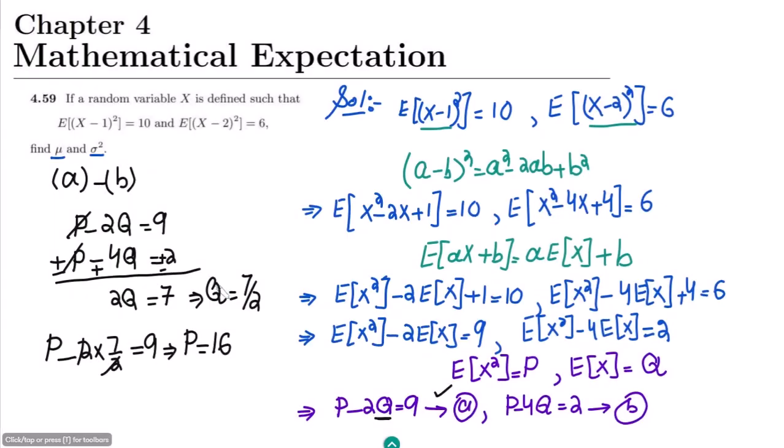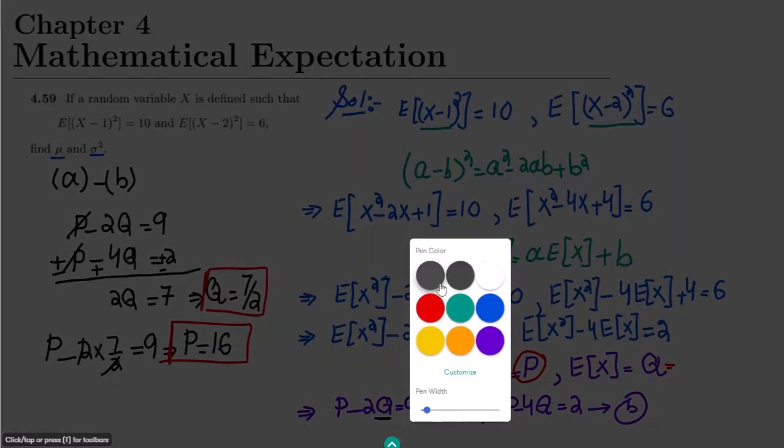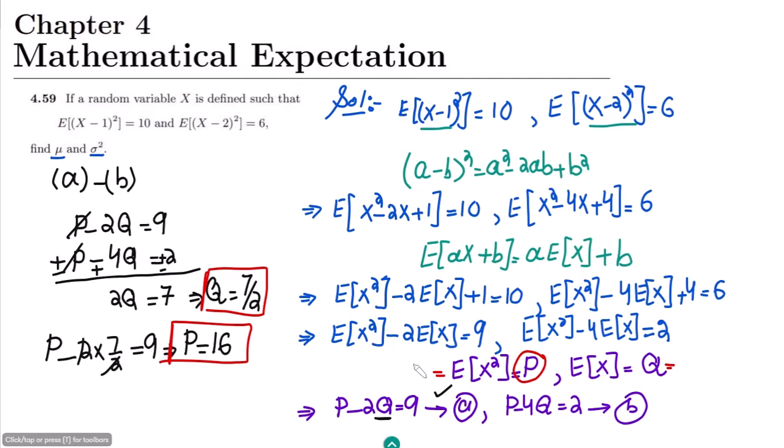So this is the value of q, this is the value of p. We have seen that p is basically E[X^2] and q is E[X]. So p is 16 and q, which is E[X], is 7 by 2.